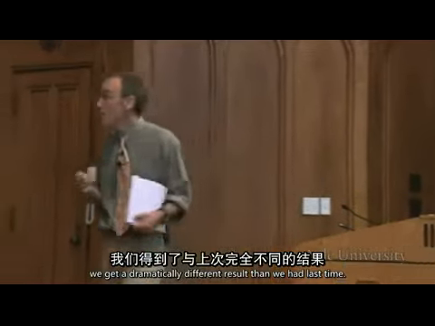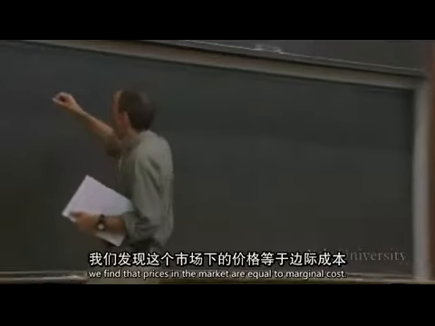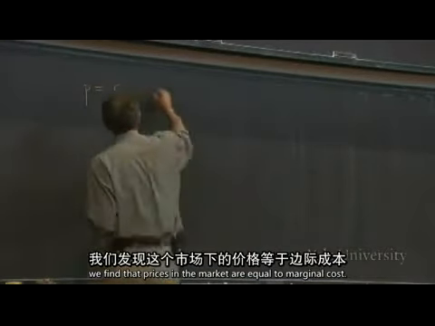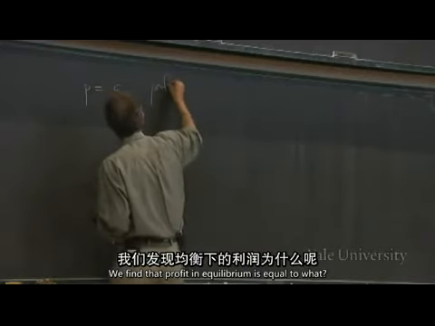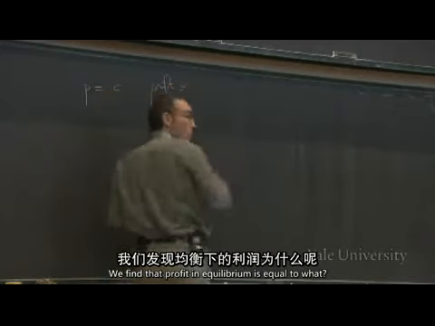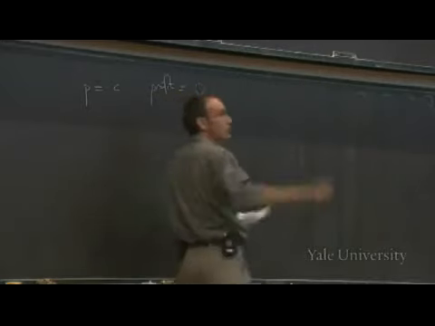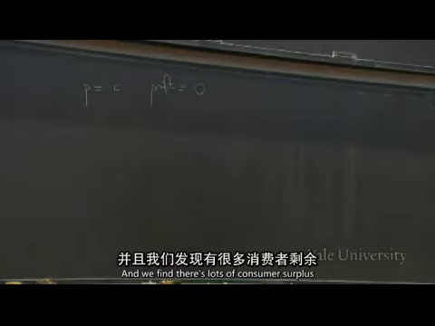In particular, we find that prices in the market are equal to marginal costs. We find that profit in equilibrium is equal to what? 0. And we find there's lots of consumer surplus, because prices are really as low as they ever could be.